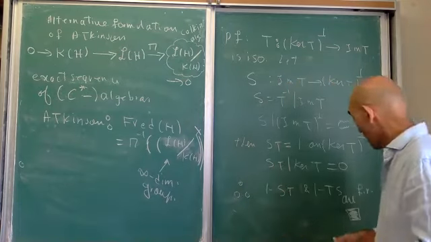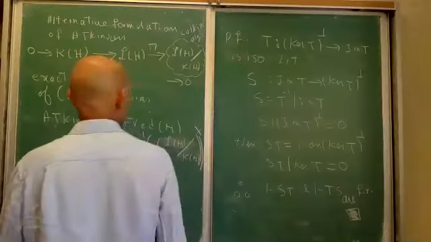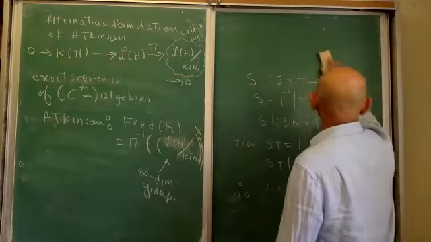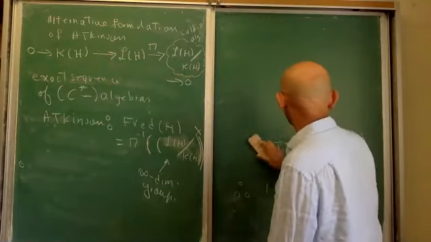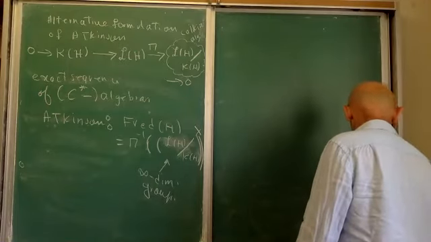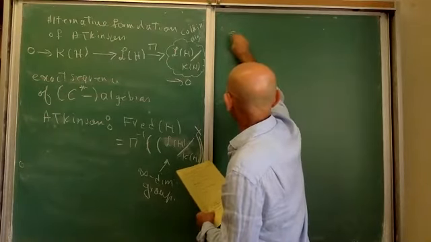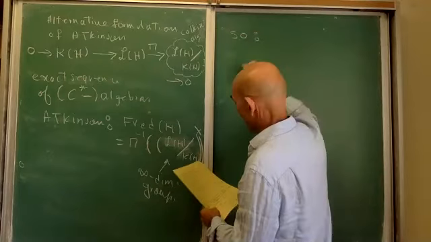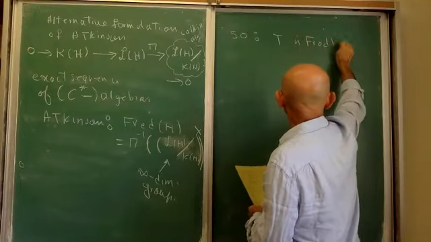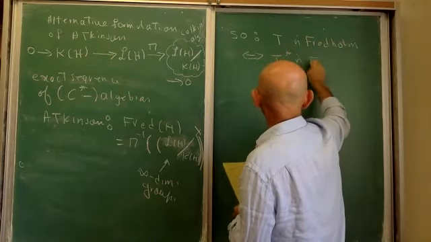Now, this result has really beautiful consequences. Then we can prove that T is Fredholm if and only if T star is Fredholm.